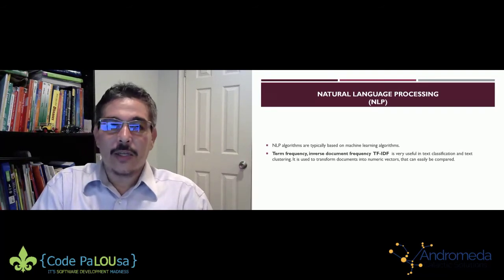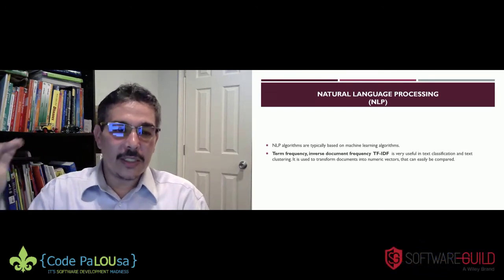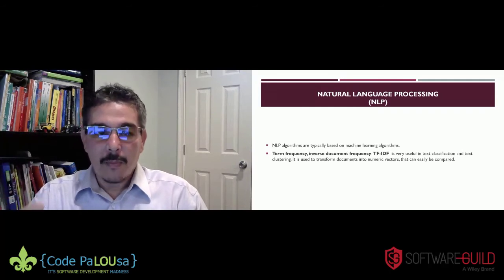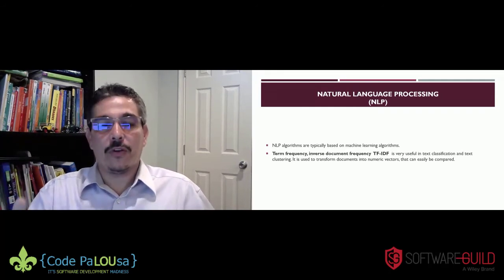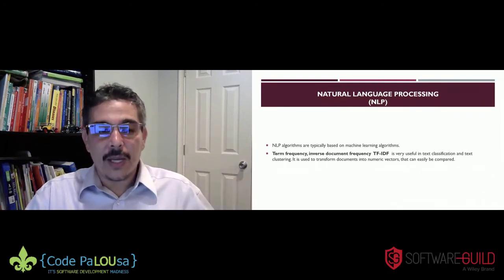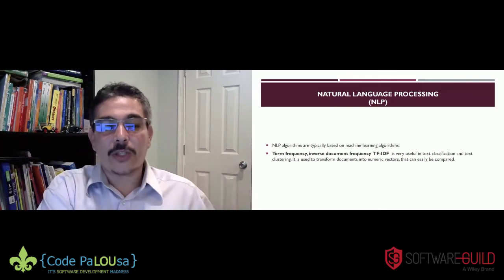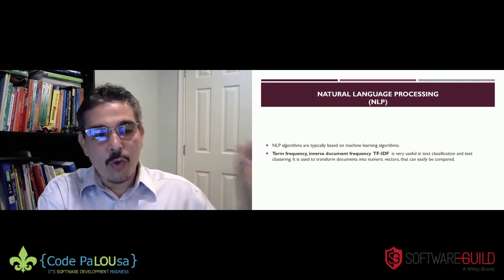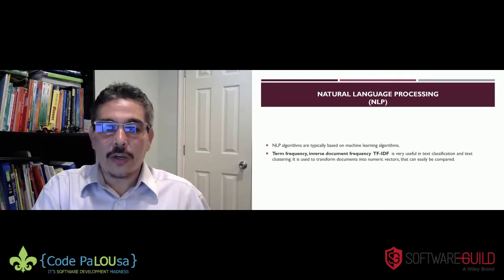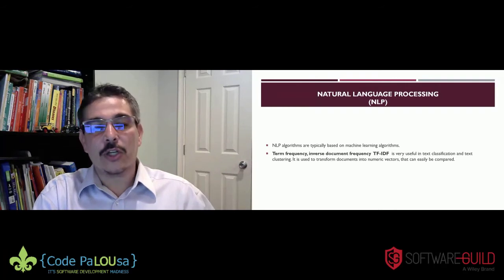So we know that a word that is mentioned a lot inside the same document is very important inside that document. But if you have thousands of documents and all of them have the same word, then this word is not important anymore. It is important if it is repeated in one or two documents, but if it's repeated in all documents or the majority of documents, that means this word does not have an important meaning.